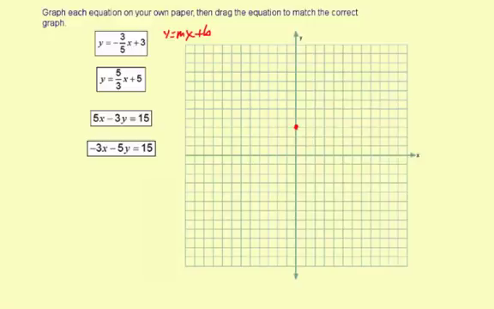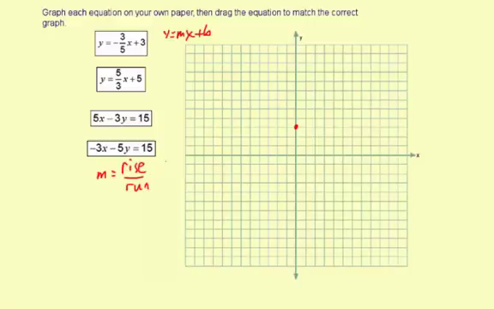And then we use the slope to determine another point or points that would be on that line. Remember, slope is rise over run. So m equals rise over run, and in this case we have negative 3/5.